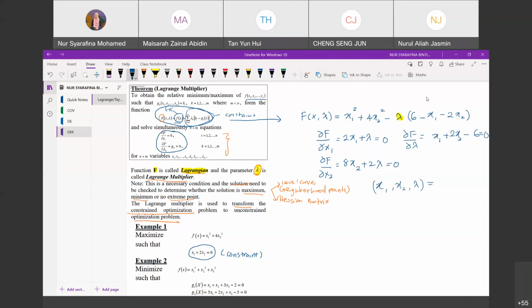So we have 3 equations there, right? Okay. Understand or not, guys? Understand what this Lagrange multiplier is about?